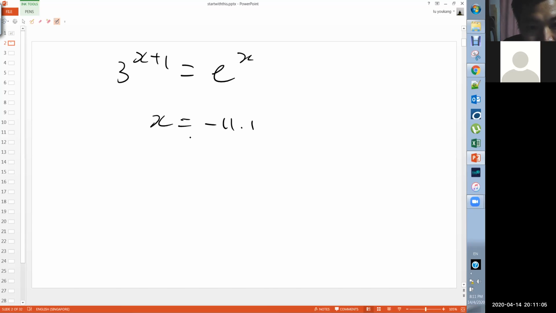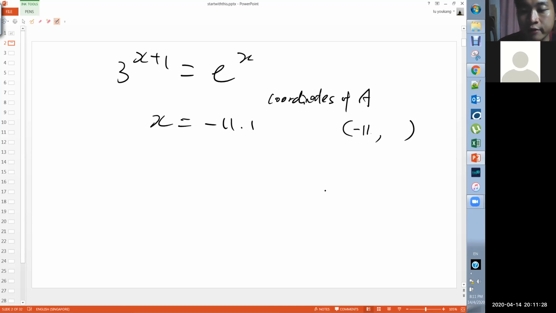Okay. So once you get x equals to 1, the question asks for the coordinates of A, right? So basically they want this. So you already found what?